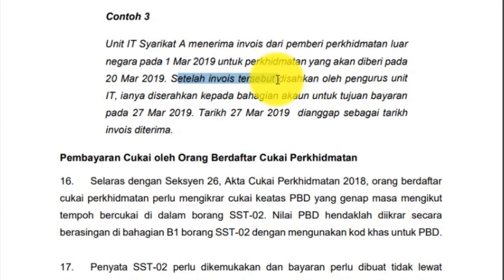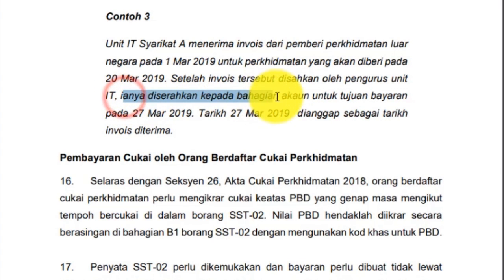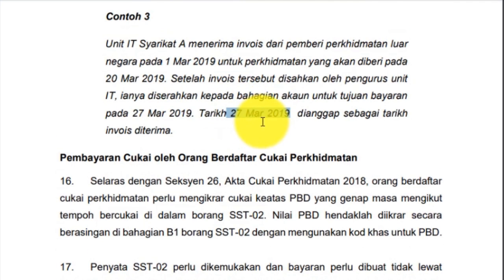After the invoice was received and confirmed by the IT department, it passed to the account department on 27th of March. That means we assume that on 27th of March the account department received the invoice and will key into the system. Meaning that the time of supply is defined on 27th of March 2019. So this one will be taken as the so-called time of supply in GST terms.